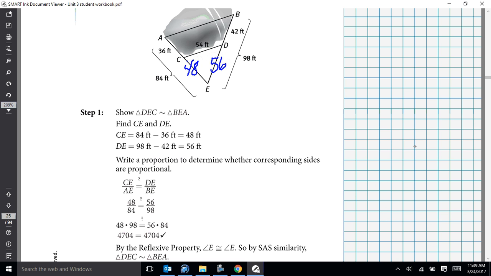Substituting in numbers, now what do we know about triangles?